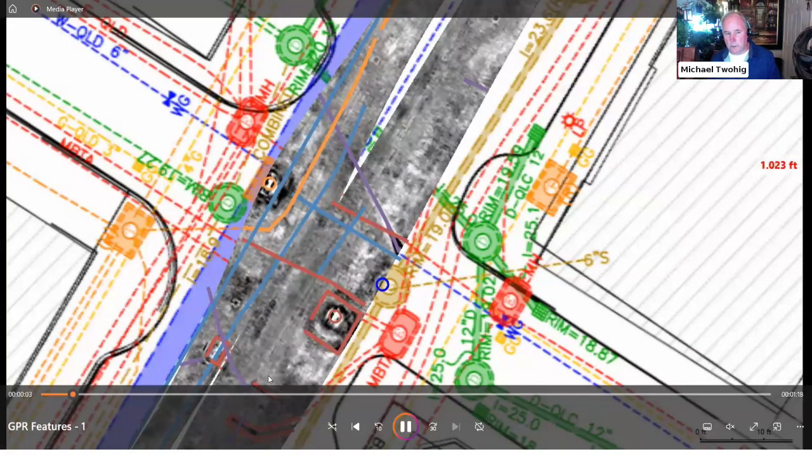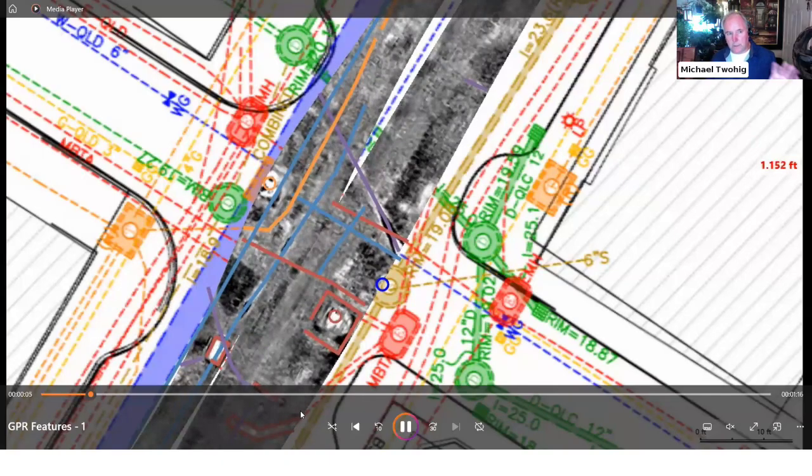But when we look at the radar data, not only do we get to work in the composite, we also get a lot of vertical data points from the system. What we have calculated, and it's a very rudimentary number but we believe it's pretty accurate, is that every single time we get a reliable depth of a utility from our radar system, it saves $1,000 compared to achieving that same vertical point through vacuum excavation.